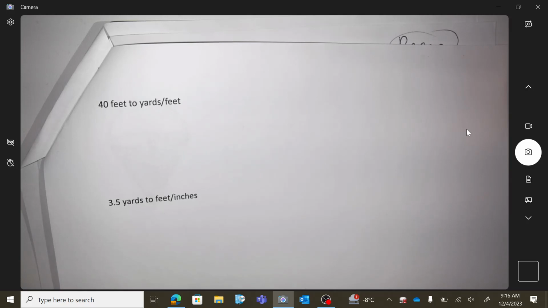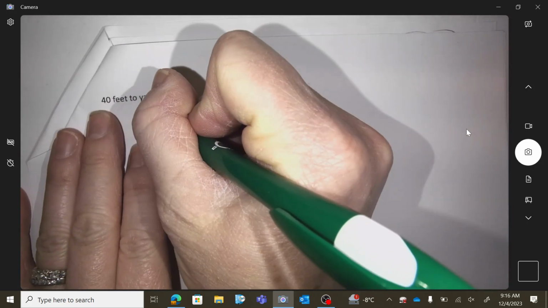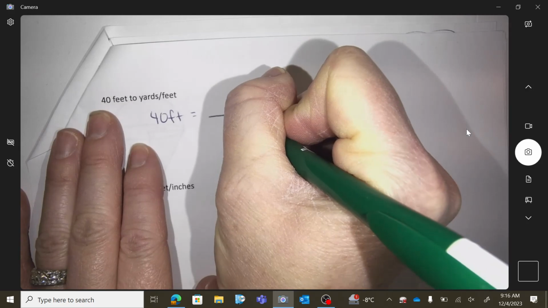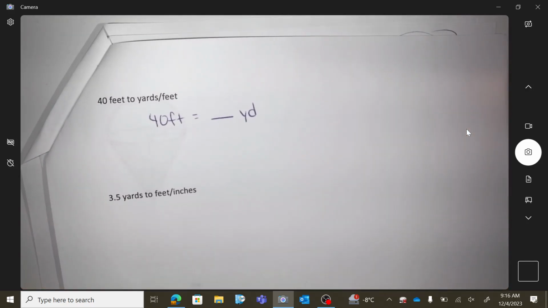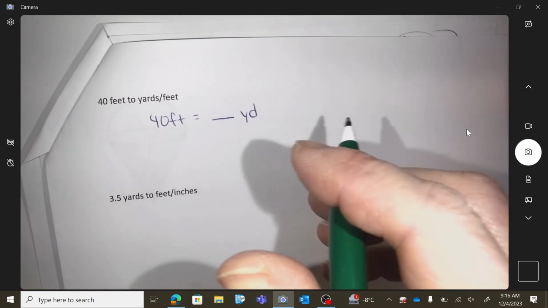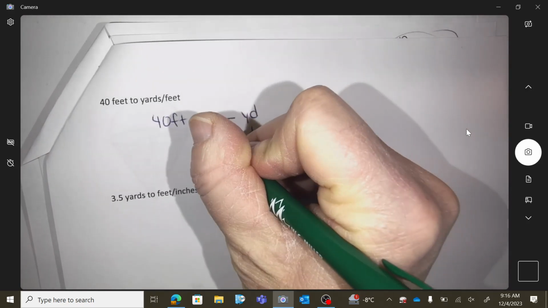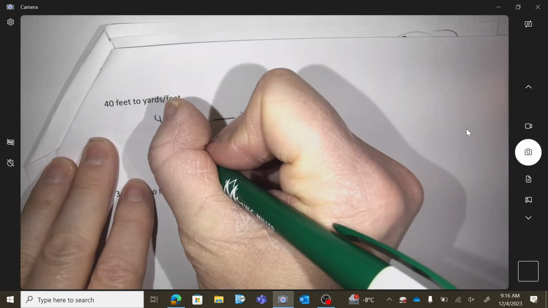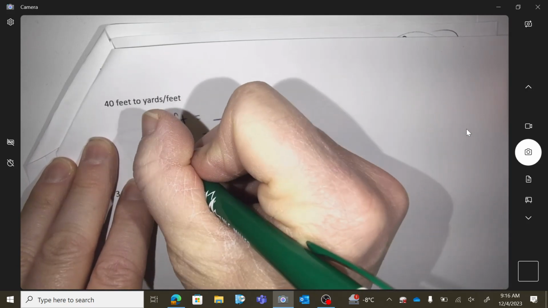Okay, so feet to yards. So 40 feet is how many yards? And then I would know 1 yard is 3 feet long.